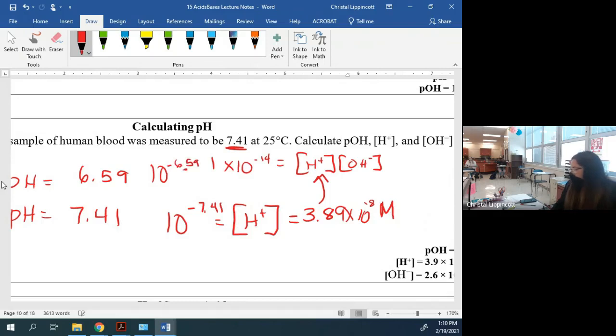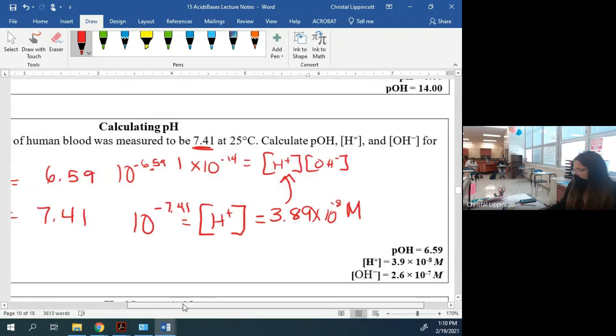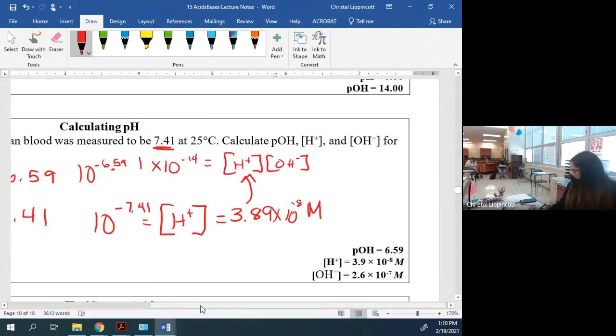I should come up with the same answer either way. Okay, so there's 2 ways that you can solve for the OH concentration there. Make sense?